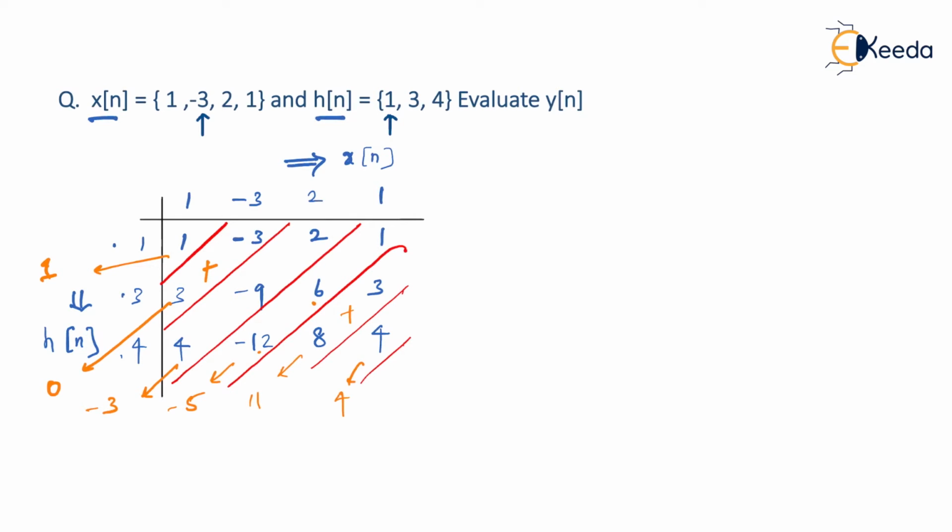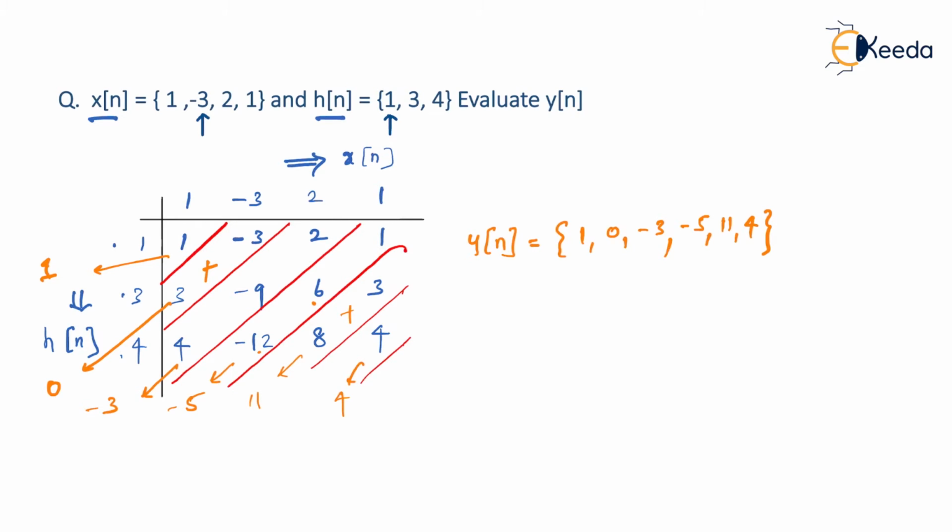So whatever elements I now have, I'll write it as y of n. So y of n is 1, 0, -3, -5, then 11, and finally 4. So this is the complete sequence y of n.